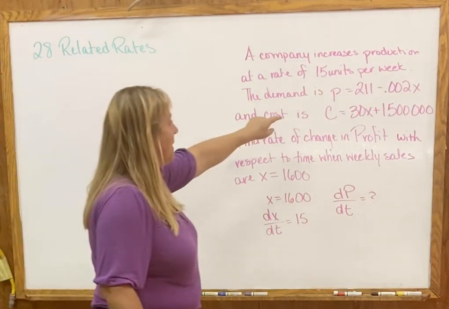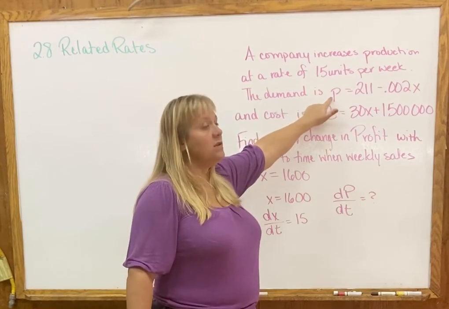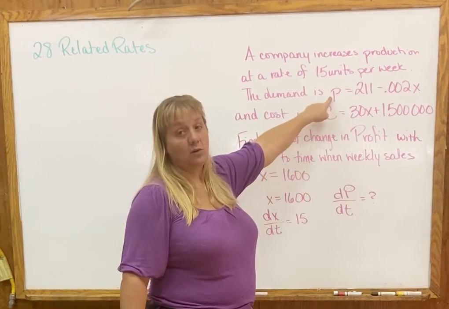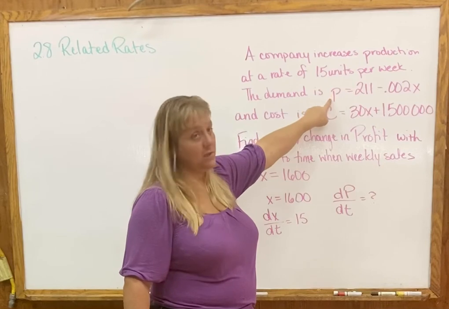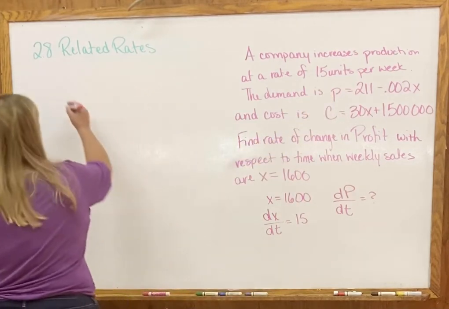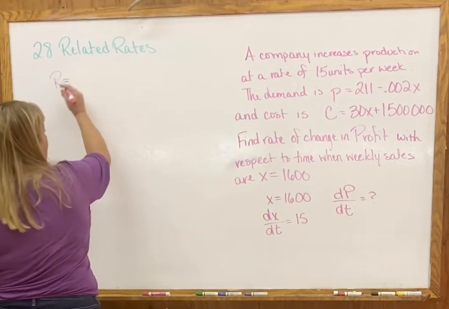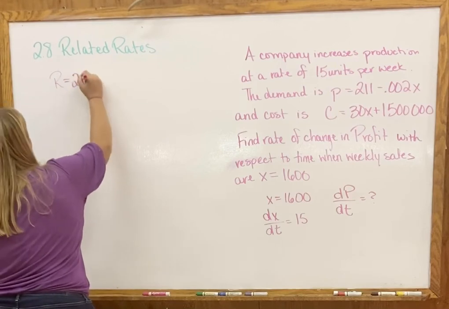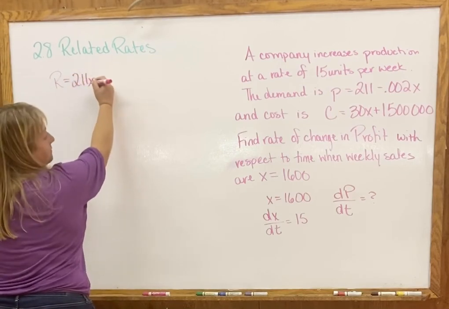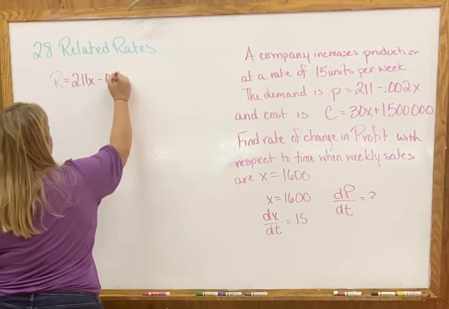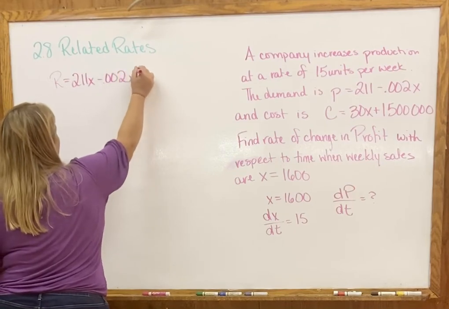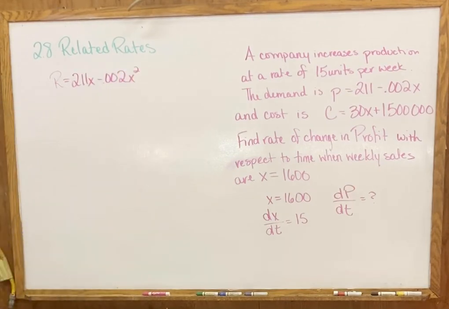So we've got the demand function, but what do we have to do to the demand function to turn it into revenue? Okay, so we need to multiply through by an x. So we can say that our revenue function would be 211x minus 0.002x squared. Everybody agree with that one?